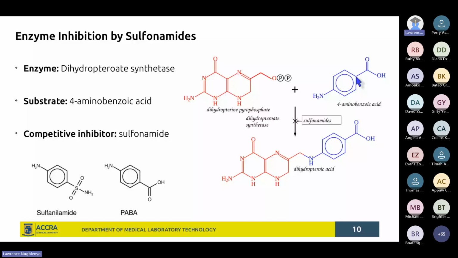And if you take a look at the structure of sulfanilamide and para-aminobenzoic acid, you see there's a similarity. The difference you see is that in place of the carboxylic acid group in para-aminobenzoic acid, you have this sulfonamide group there. And so it's more like the substance deceives the enzyme dihydropteroate synthase to think that the antibiotic is that 4-aminobenzoic acid, and it binds to it.